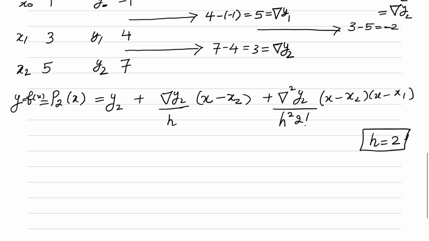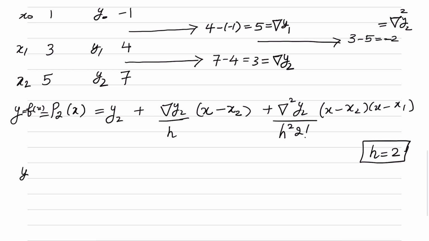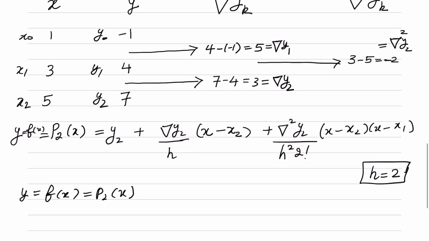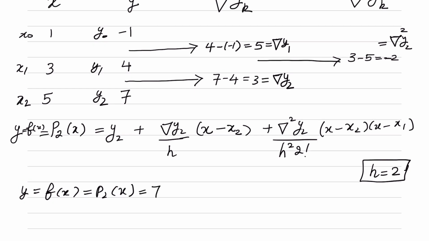Let's plug in the values from this backward difference table. We have y equal to f of x, which is equal to P2 of x. Y2 here is 7. Backward y2, the last value in the backward yk column, is 3, divided by h, which is 2, into x minus x2, which is x minus 5, plus backward square y2.